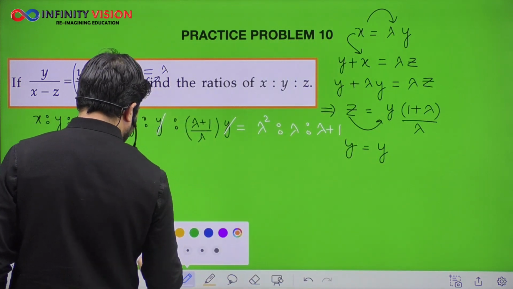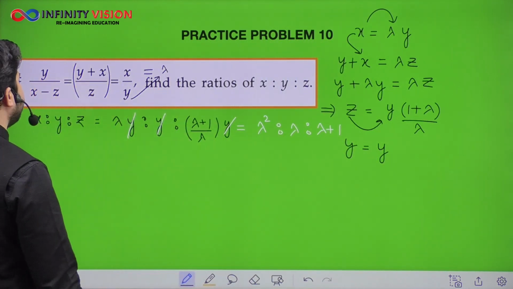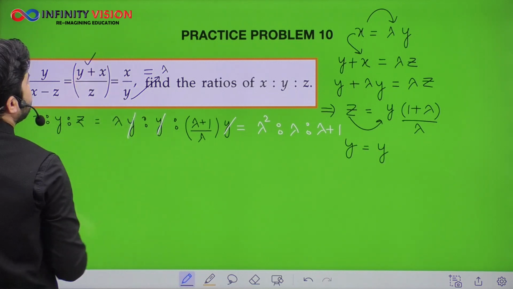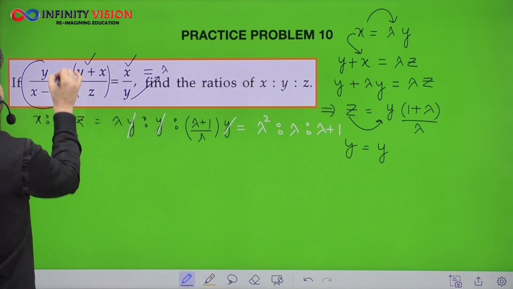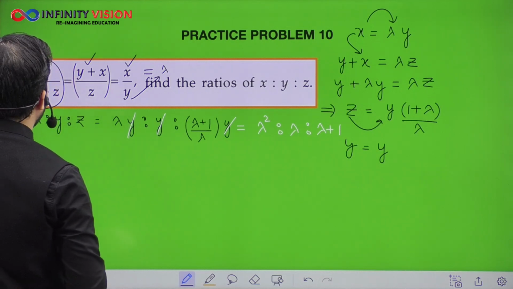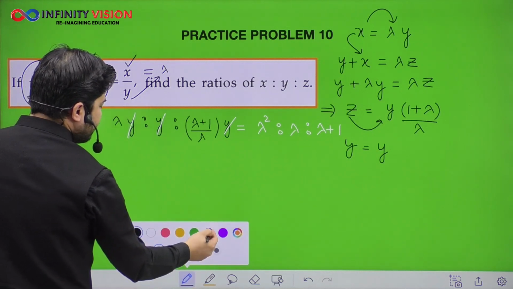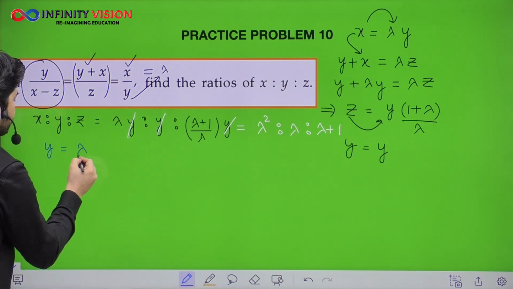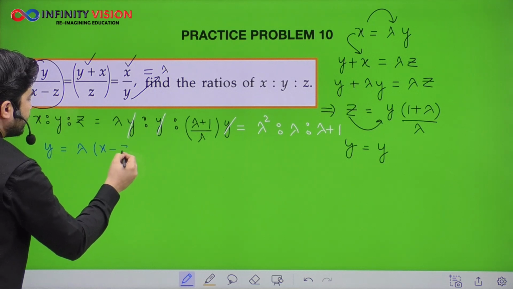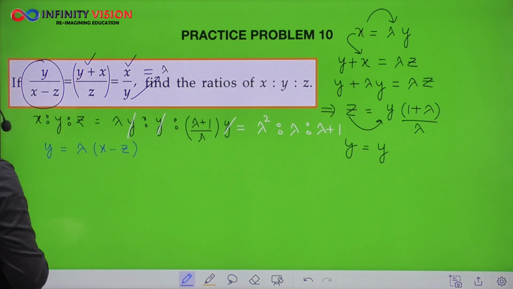Now what will help me to get the value of lambda? I have used this equation, I have used this equation. What I haven't used is this equation. Now I know y upon x minus z is equal to lambda, so I can say y is nothing but lambda into x minus z.